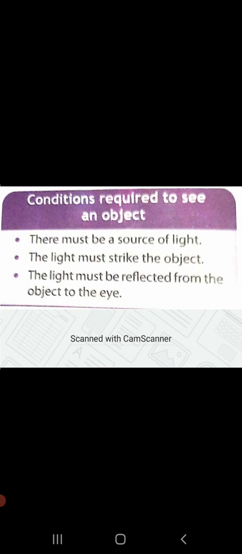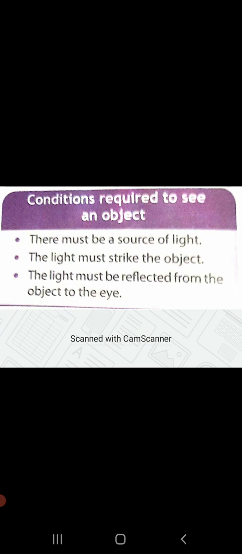Yes, so children, can you all tell me what could be the conditions that are actually required to view, or that can help us to see things? The first one would be very obvious, a source of light, right? Then the light must strike the object and the light must be reflected from the object. These are the conditions required to see an object.